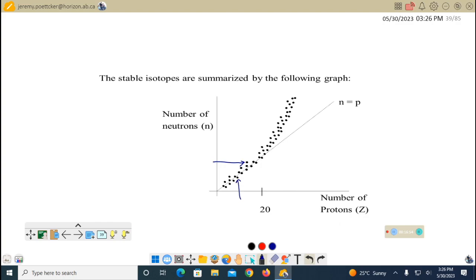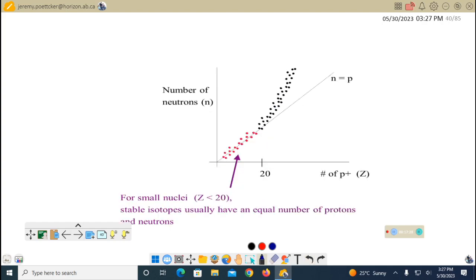More neutrons than protons. But then when we get to about Z equals 20, so 20 protons, so everything above number 20, which is calcium, we start to see stability move away from being linear to being some kind of nonlinear increase. It's not, strictly speaking, quadratic, but it is not a linear increase anymore.